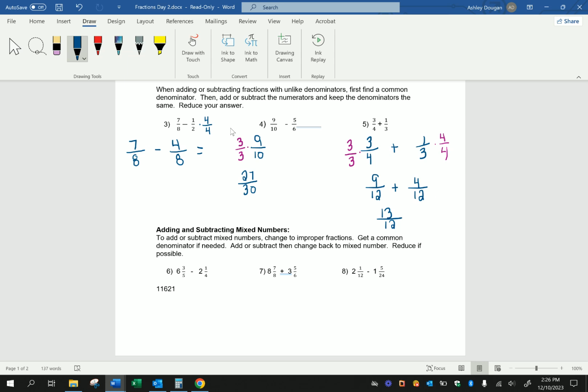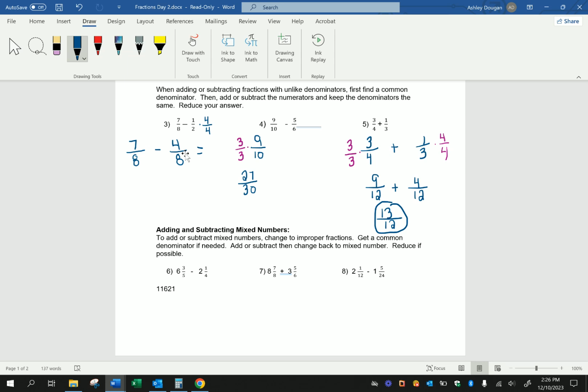Either way. However, if you notice down here, we started with mixed numbers. And so if you start with a mixed number, you'll want to end with a mixed number. Okay, so for this example, it's okay to say 13 over 12 or to change it to a mixed number. But in just a minute, when we get into mixed numbers, we would want to do that extra step and convert those to mixed numbers.